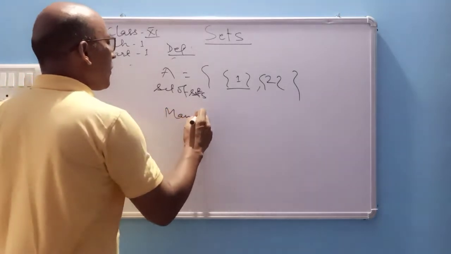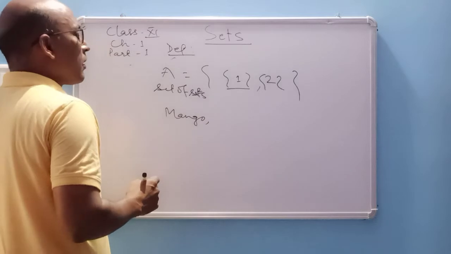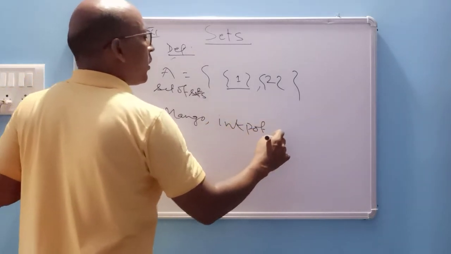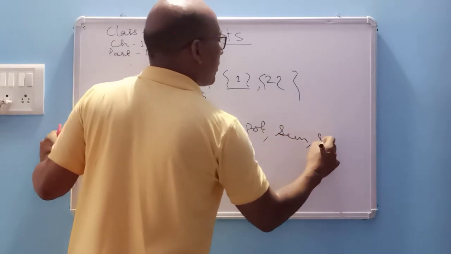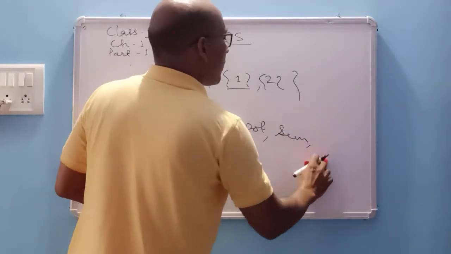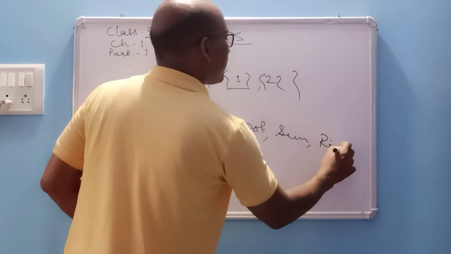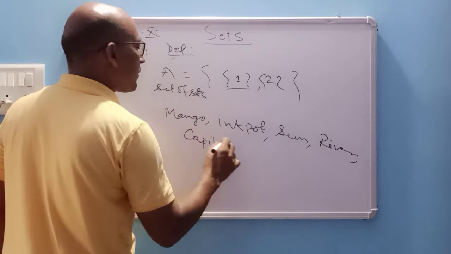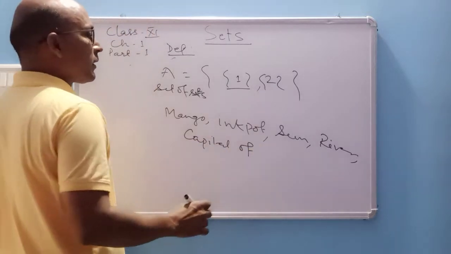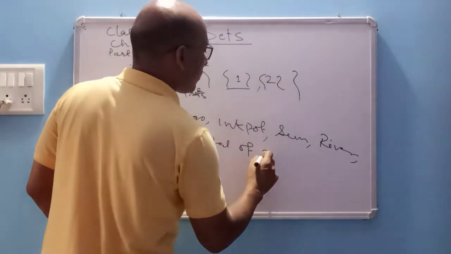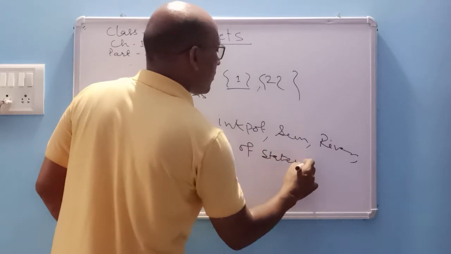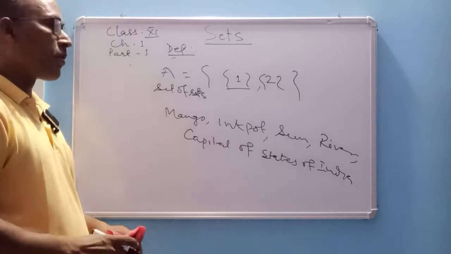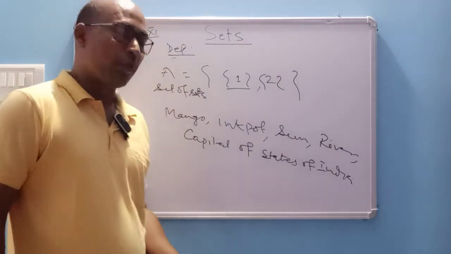In general, the elements of the set can be anything, be it mango, ink pot, sun, river, capitals of states of India, and so on.